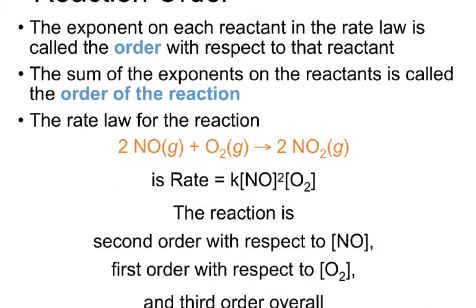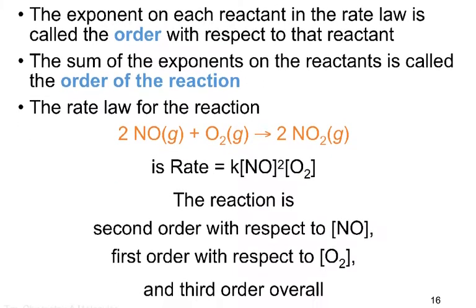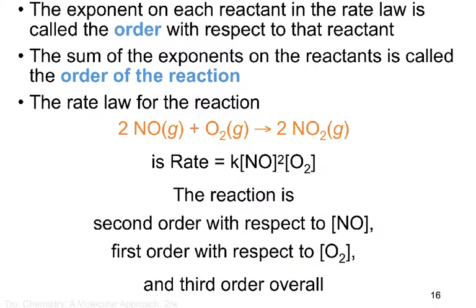So reaction order, let's talk about those exponents. They're called the order of the reaction. And if you add the exponents up, that will give you the overall order of the reaction.